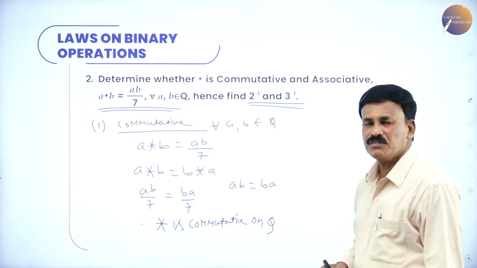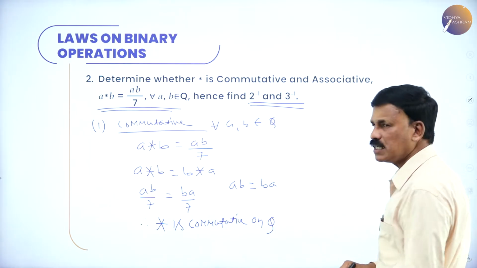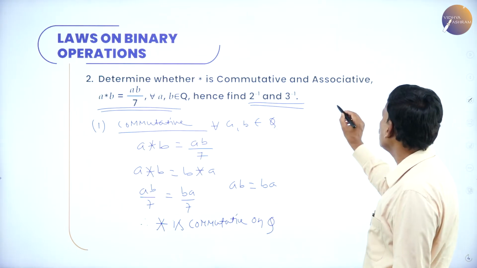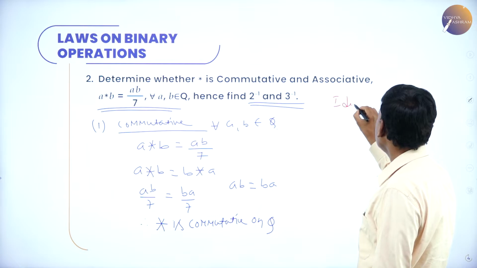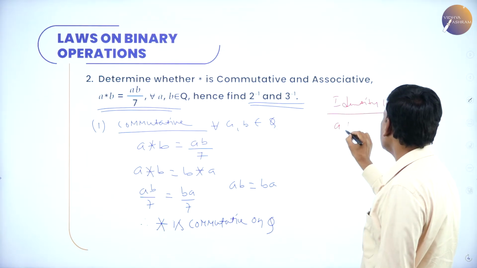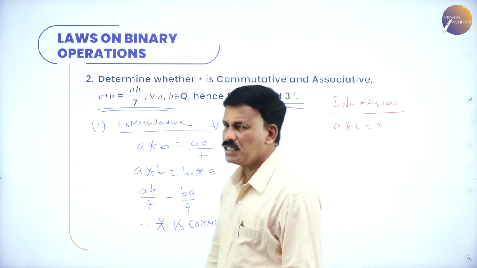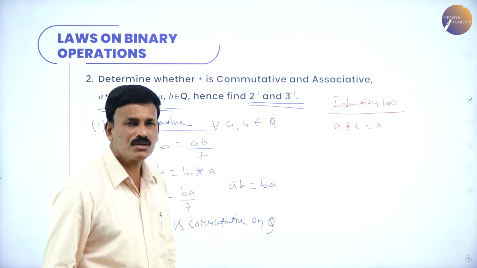Now to find the inverse, let us find out the identity element first. What is the identity element? Identity law. What is the identity property? a star e is equal to a, or e star a is also equal to a.